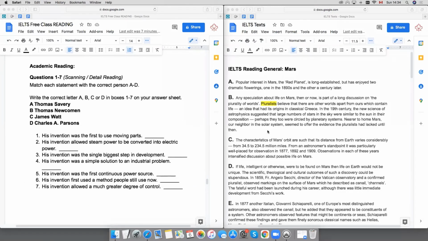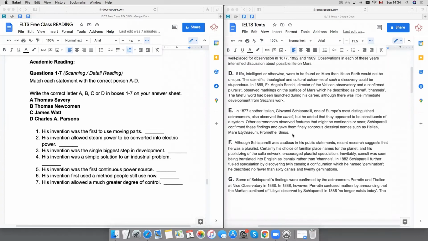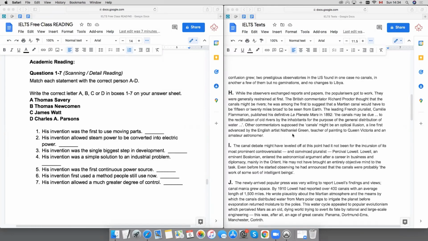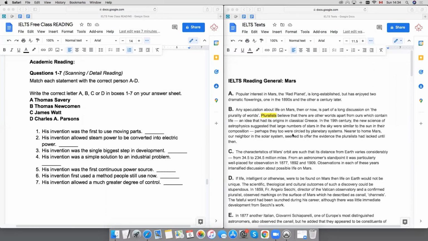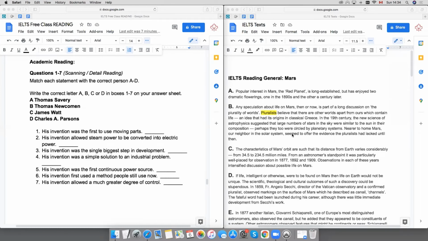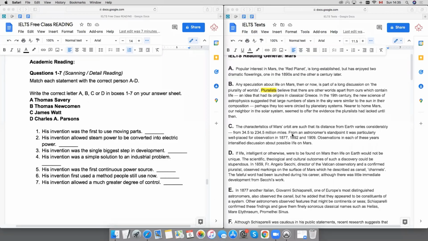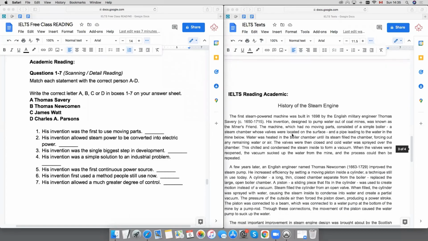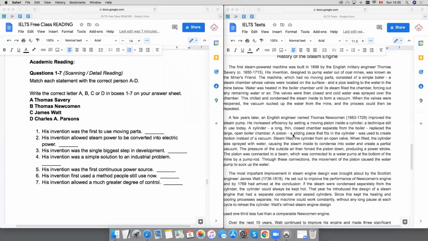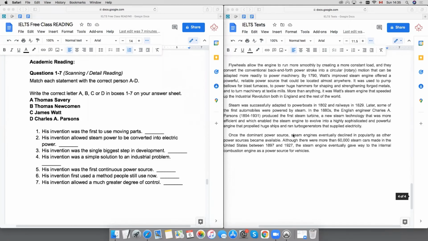Now for the academic reading, we'll talk about the questions, but let's look at the text first and compare the differences. We drew our attention to how the general reading is organized in such a way that's pretty nice, where we know A, B, C, D, we can make our own subtitles, but the academic test does not have that. It's also long.